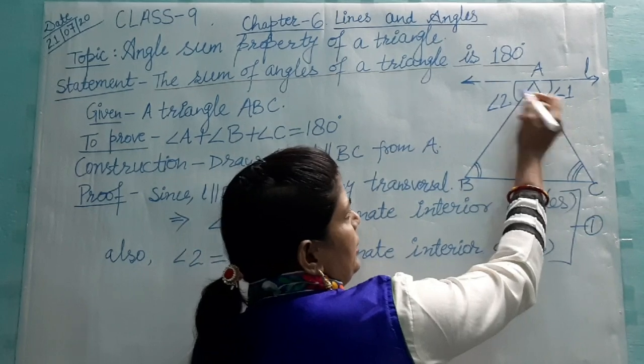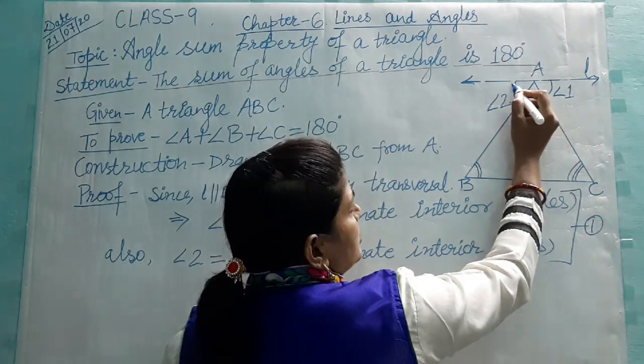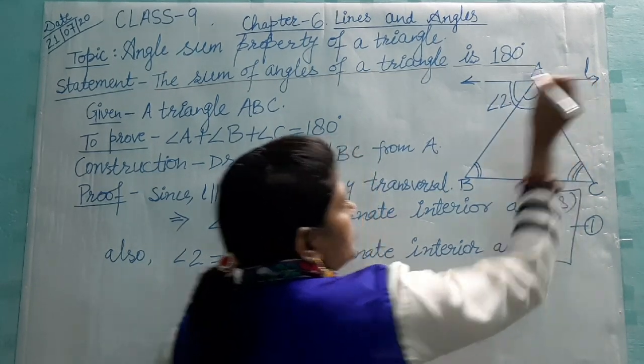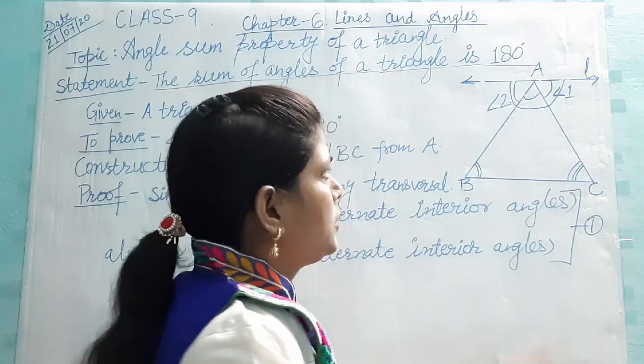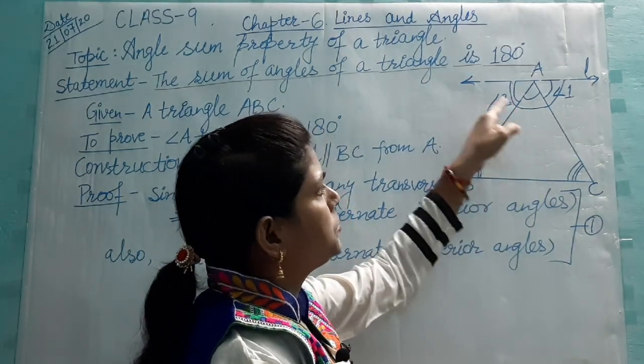Now here we see that L is a straight line. Therefore, this whole angle is 180 degrees and this angle is formed by the sum of 3 angles.